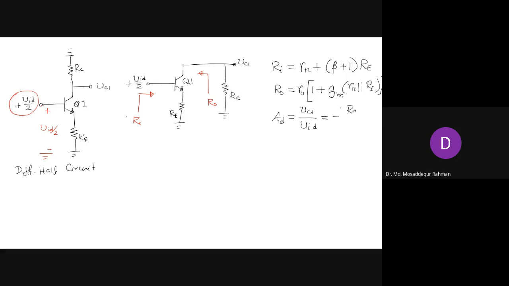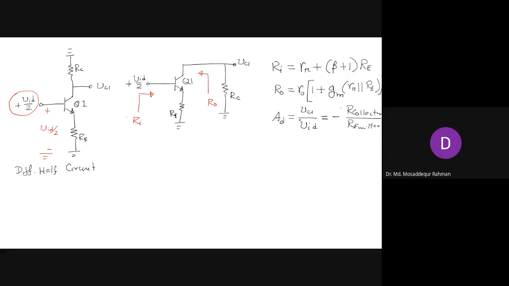So the expression will be resistance in the collector divided by resistance in the emitter. That is the gain expression for the common emitter amplifier with emitter resistance.